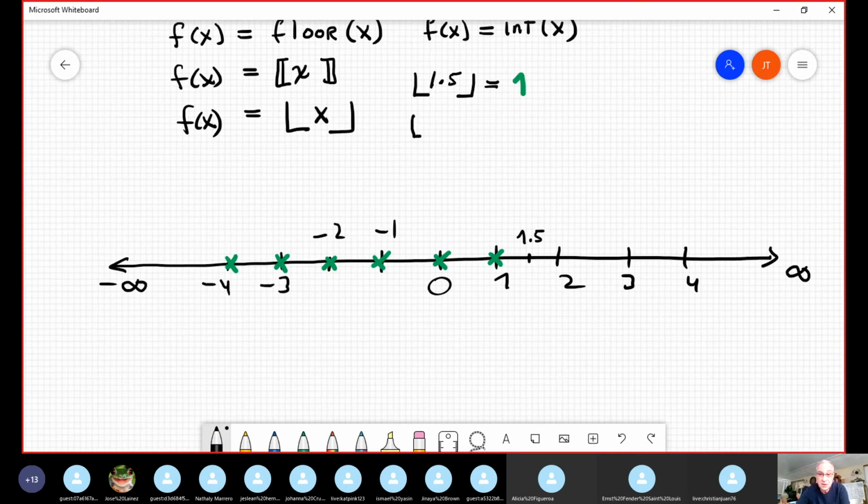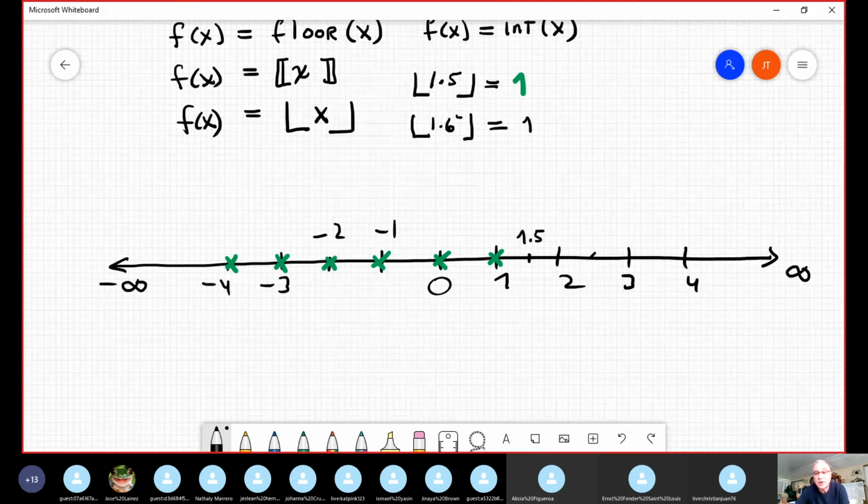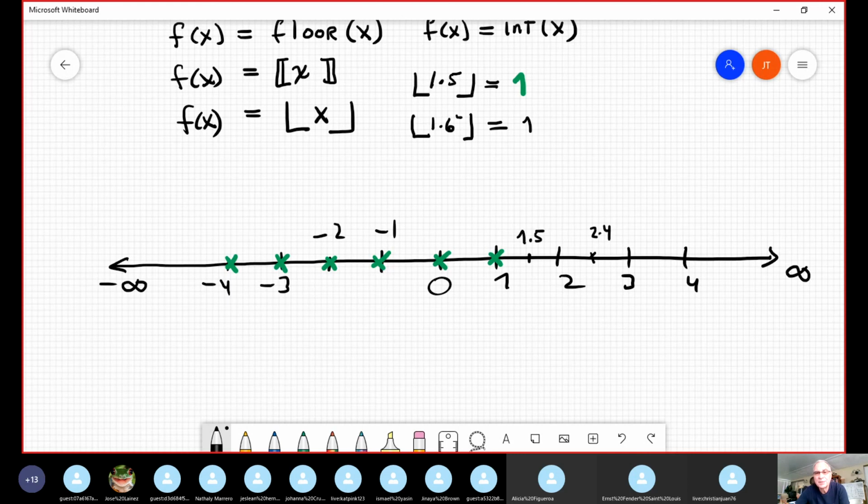Likewise, the function applied to 1.6, 1.7, 1.9 is just 1, for the same reason. For 2.5 or 2.4, whatever, it's obviously 2. So it's easy to understand.